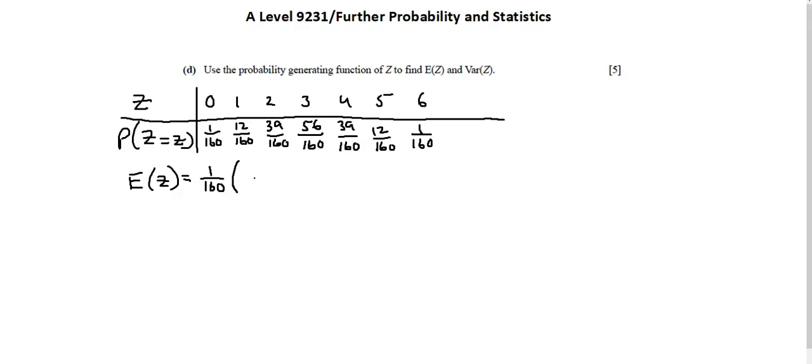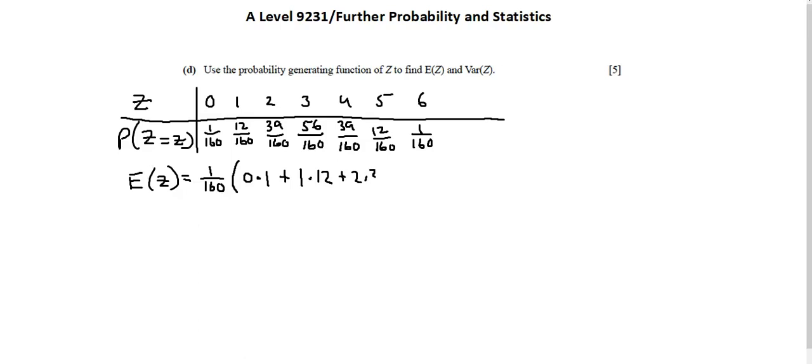So the probability of 0 is 0 times 1 over 160, but I've taken the over 160 outside, so I'll write 0 times 1. Plus, the probability of 1 is 12 over 160. Here I've taken the over 160 outside, so I'll write 1 times 12.